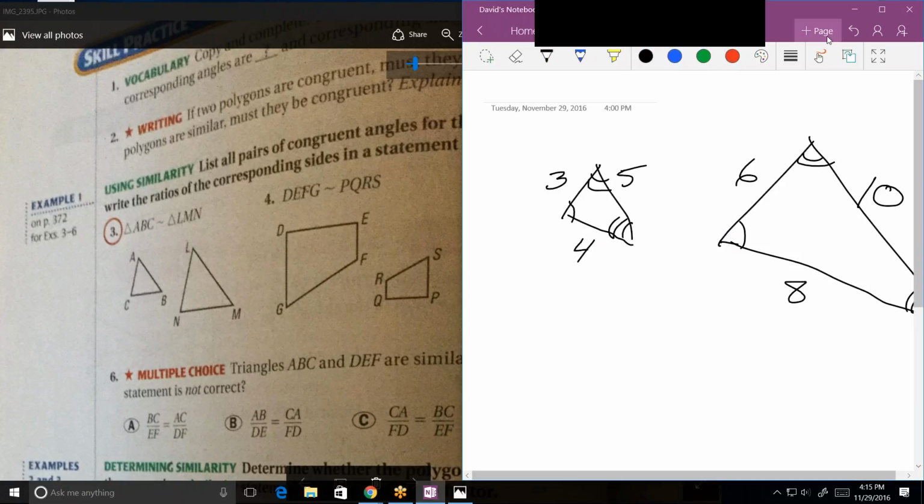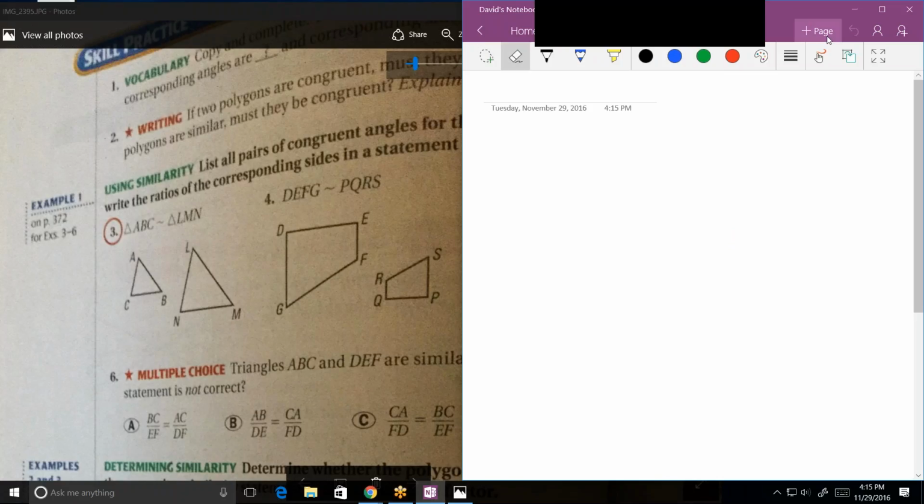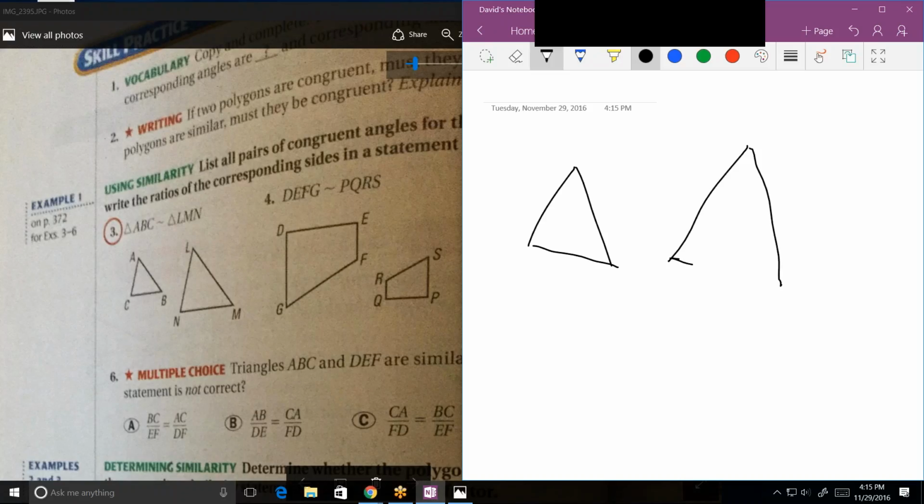In other words, it's not always clear by looking at it. Let me give you an example. What if I had this and I had the same thing, only I flipped it? Now, it's hard for me to tell which angles are congruent.